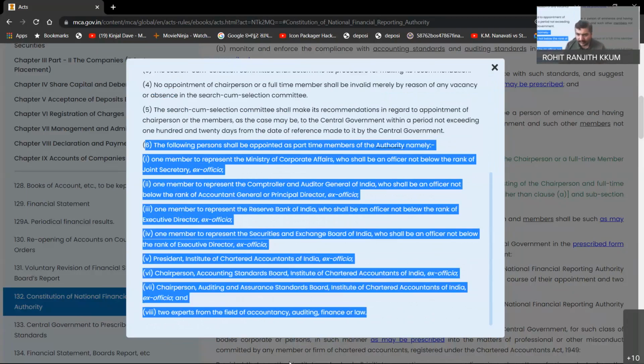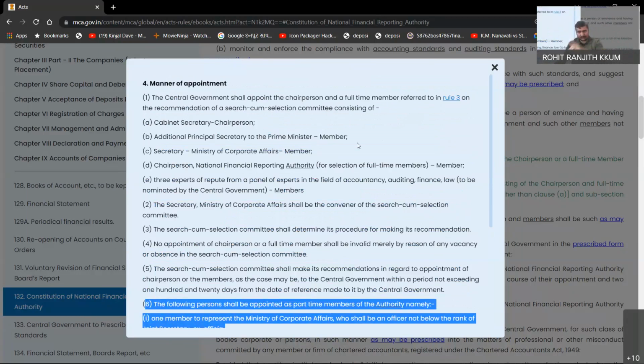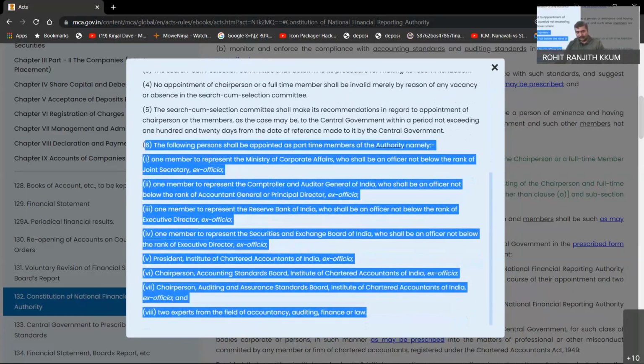Are you getting the two different questions here? First question is talking about the composition of search and selection committee. And this sub-rule 6 is talking about the composition of NFRA, correct?